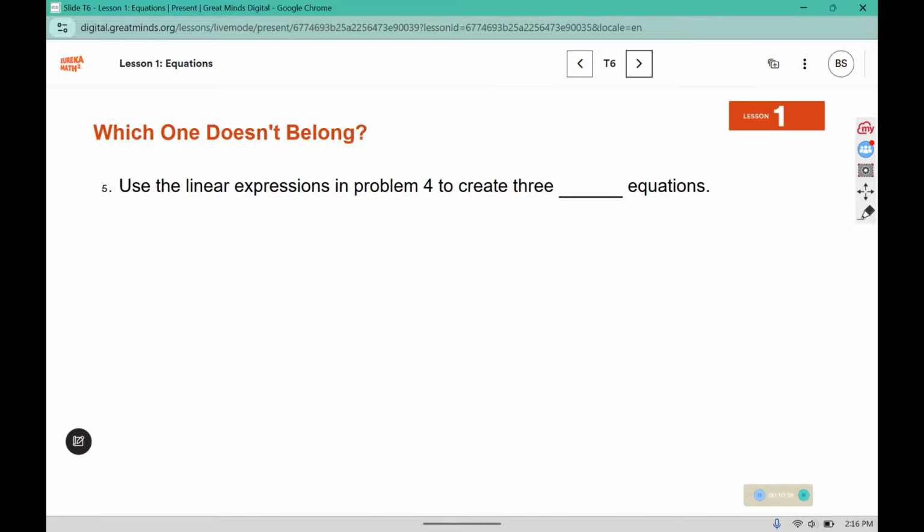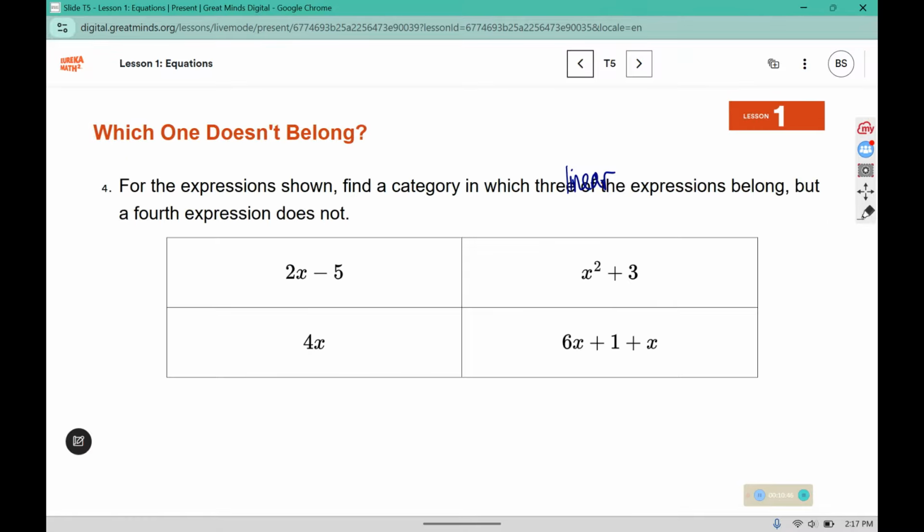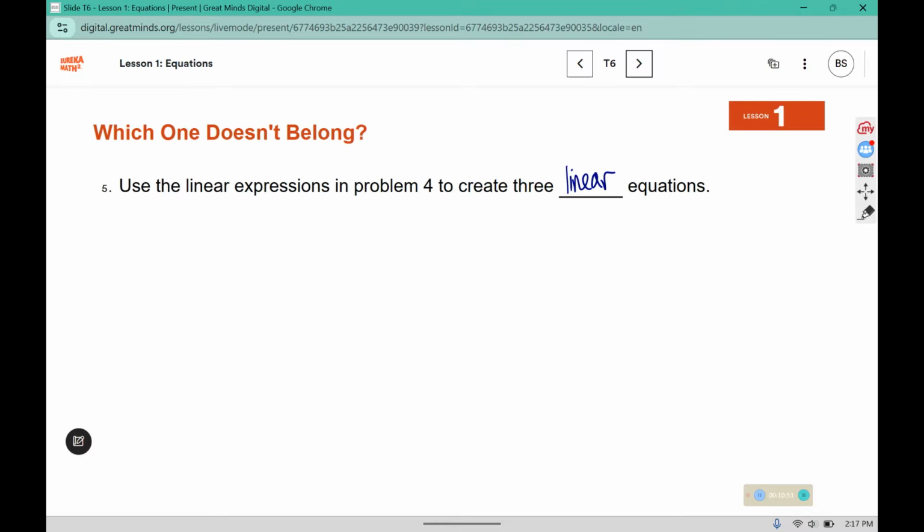Use the linear expressions in problem 4 to create 3 linear equations. So we're going to form equations out of these, so we can write something like these two are equal to each other. So there's one using 2 of the parts.